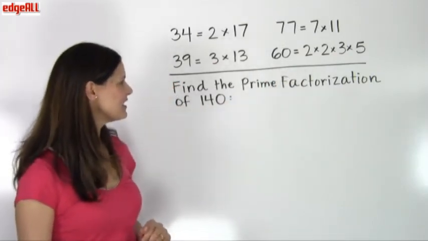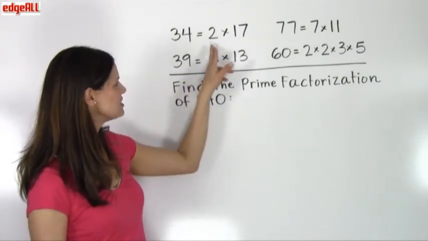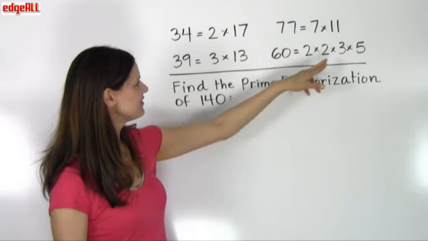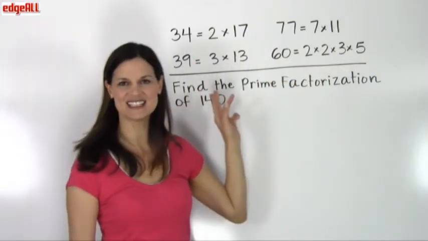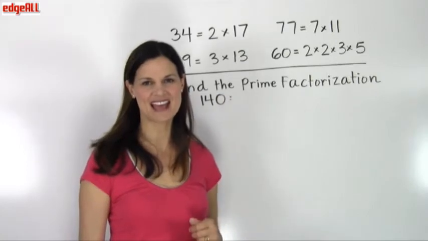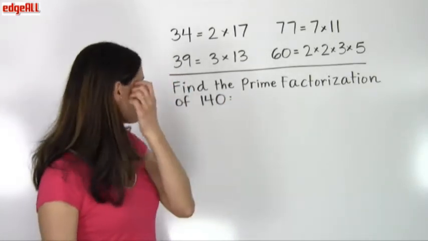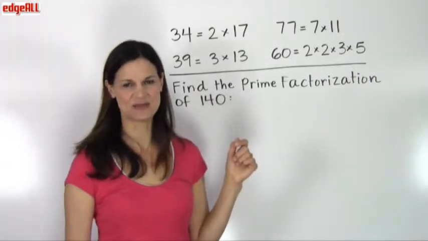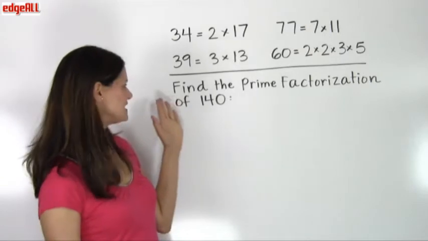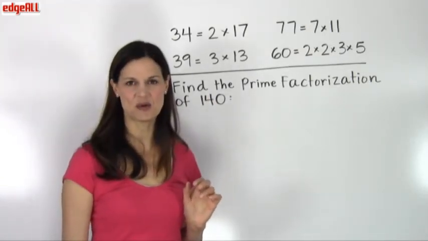So we can see that each of these numbers has the primes 2, 3, 5, 7, 11, 13, 17 prime numbers as their factors. Let's look at an example where we are asked to find the prime factorization of a number. So this problem says to find the prime factorization of 140.